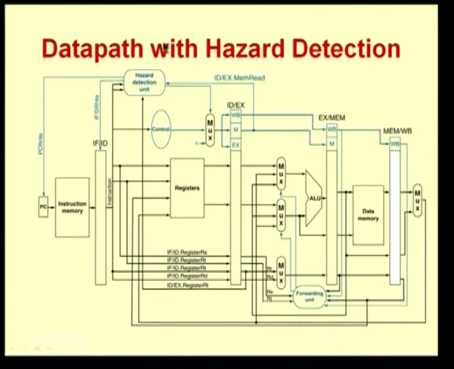All this will come as input to this hazard detection unit, and from here you will have control signals generated to the various muxes in order to do the forwarding and in order to do this stalling of the different instructions. Okay. So, this is how the data path will have to be modified in order to do the hazard detection as well.